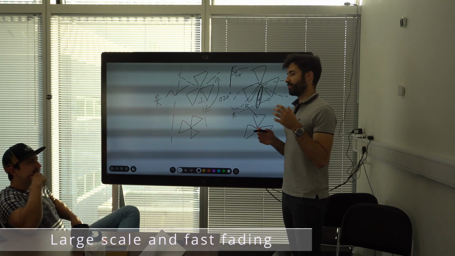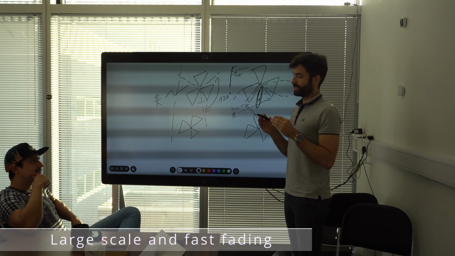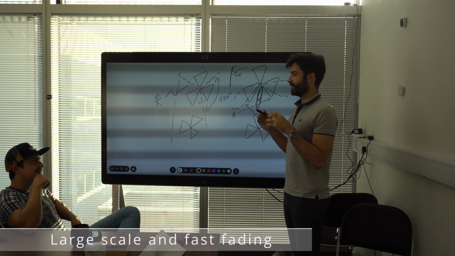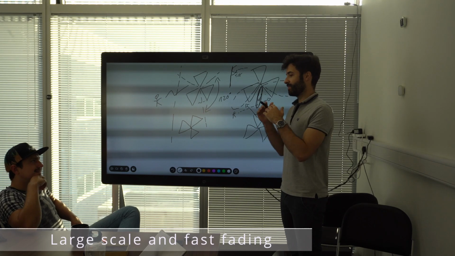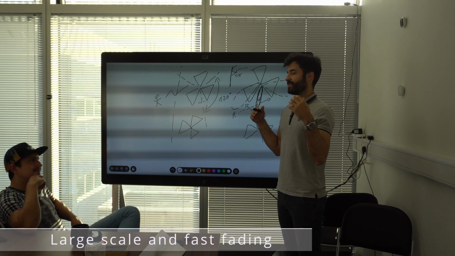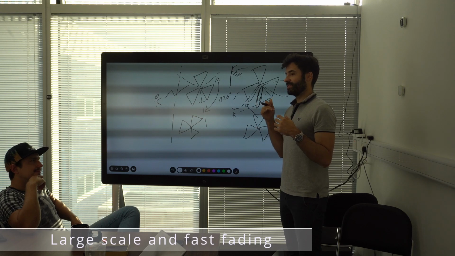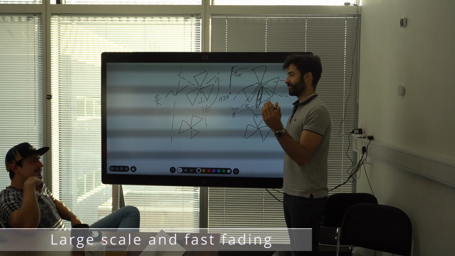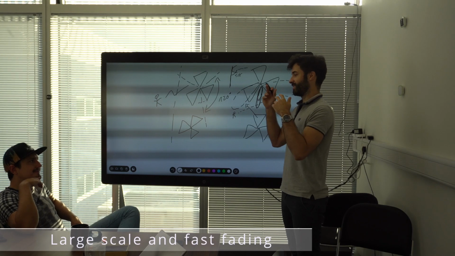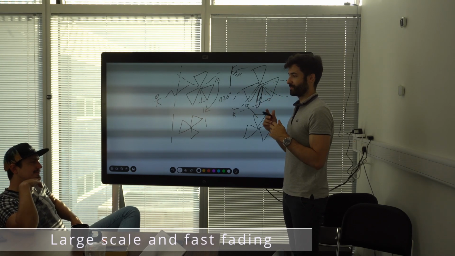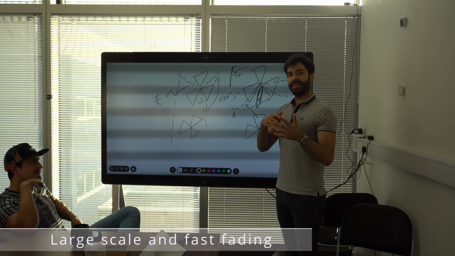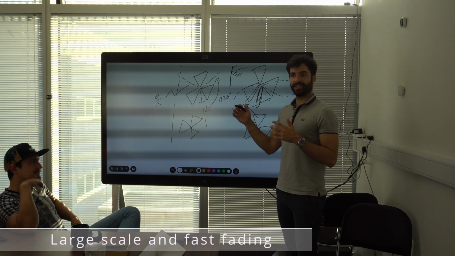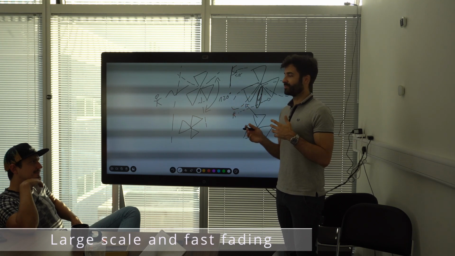Exactly. And small-scale fading is basically a fast variation of the signal attenuation. You can be in a place on the phone, but then a car moves in front of you, so there's a change in the signal, but then it goes back to normal. Small-scale fading is also called fast fading, and it is characterized by these fast variations in the signal that could be related to many things.